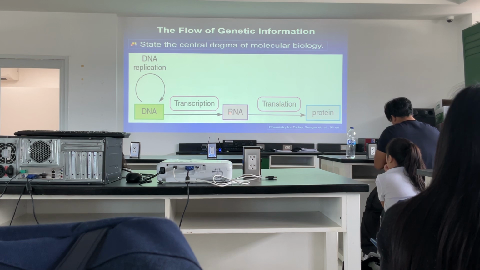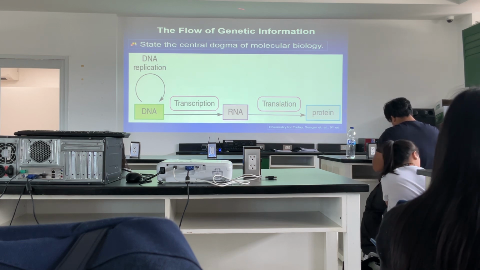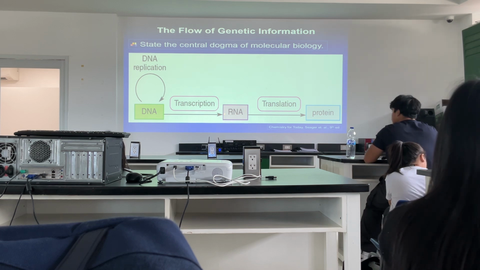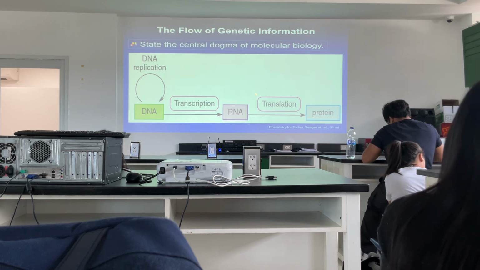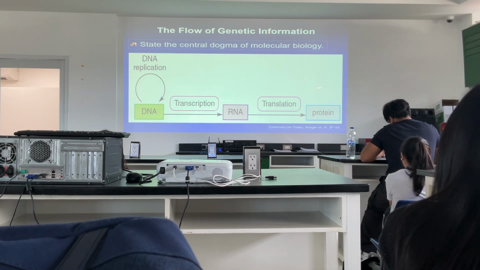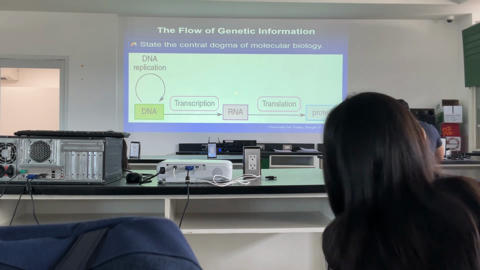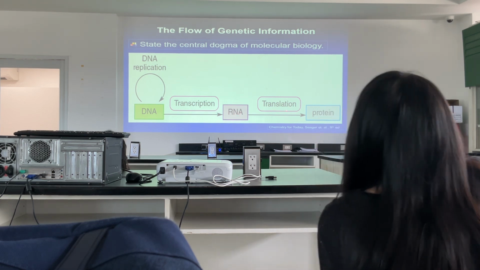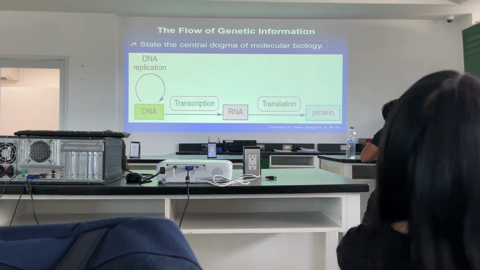And then once mRNA is synthesized, plus you have the rRNA and tRNA, then this will now dictate the synthesis of protein. The process by which proteins are synthesized using mRNA as a template, we call translation.